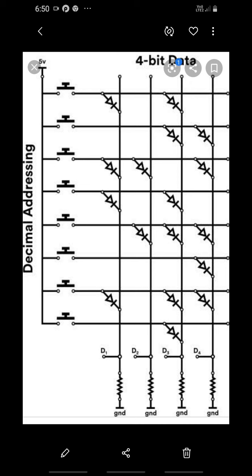Their memory contents: the first address contains the memory location 1010, and the second address contains 0011, and then 1101, and a third address contains 1010.